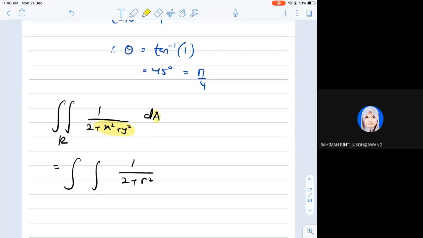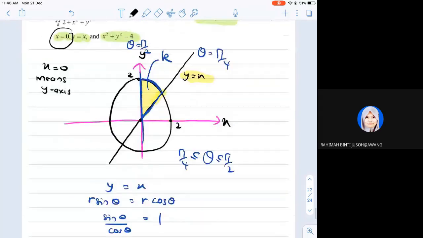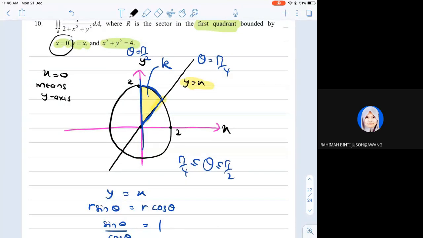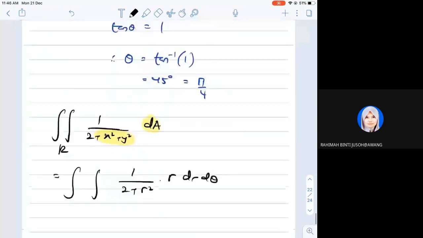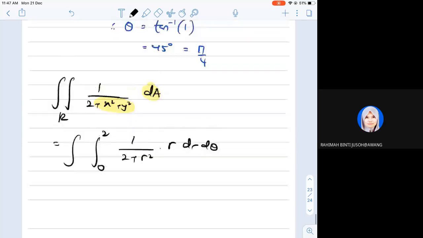Next, how about dA? R dr d theta. Yes, r dr d theta. Now the limit of radius. R from where to where? We start from origin, isn't it? 0 to 2. Radius is 2. So 0 until 2. How about the angle? Of course, the angle from earlier, so pi over 4 until pi over 2.